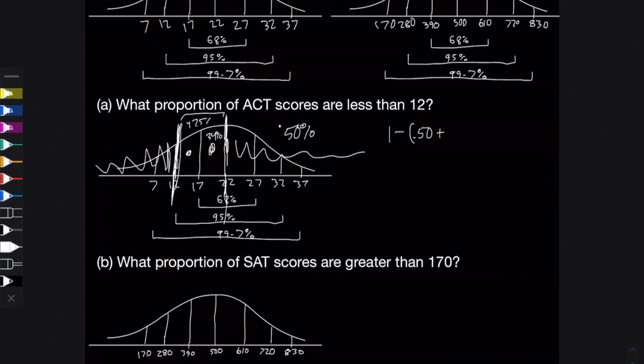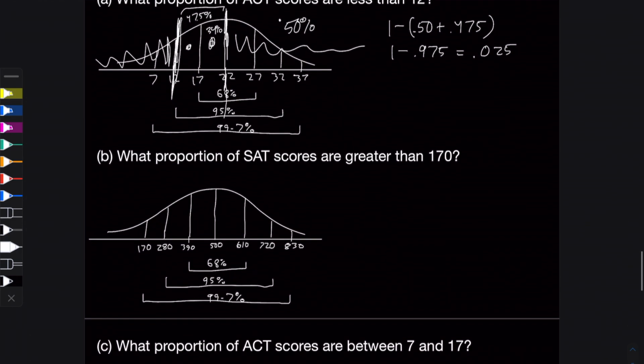So then we would take our 0.5 plus 0.475, and this is 1 minus 0.975, which is the same thing as 0.025. So that's how we would do the first one.